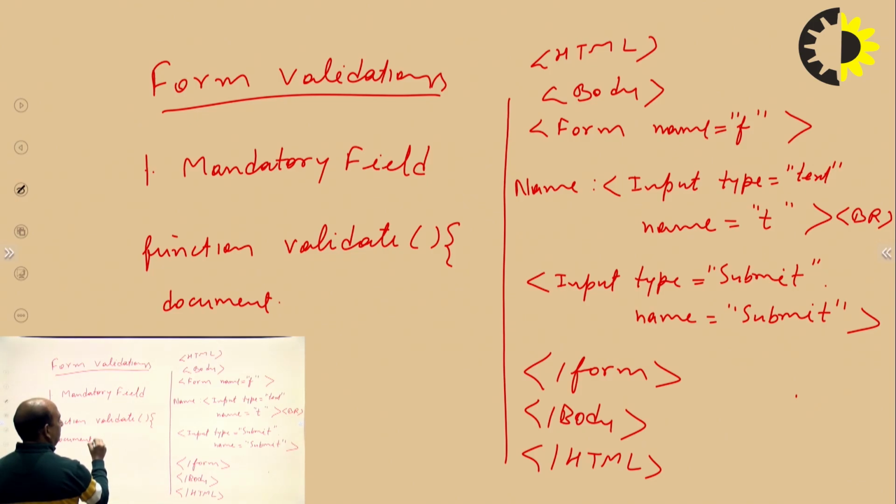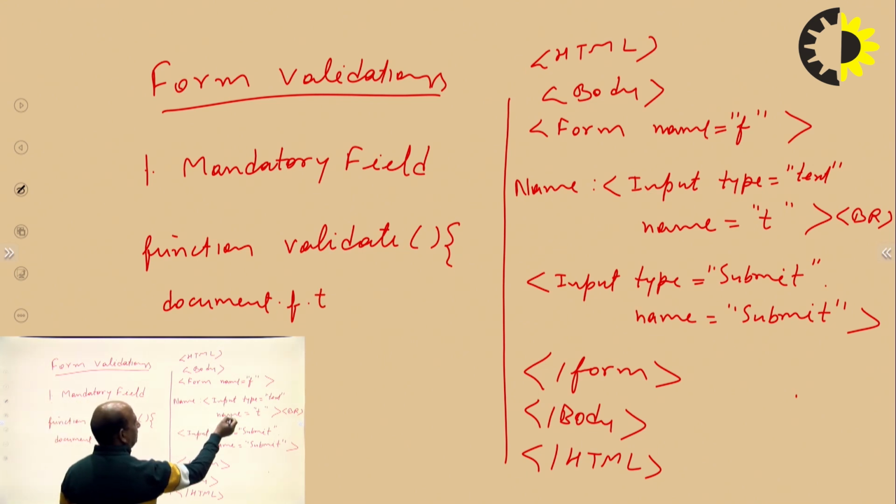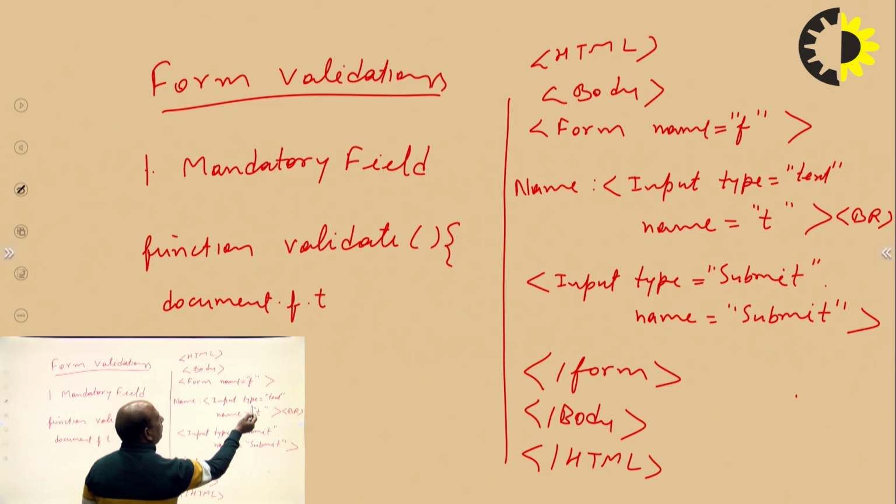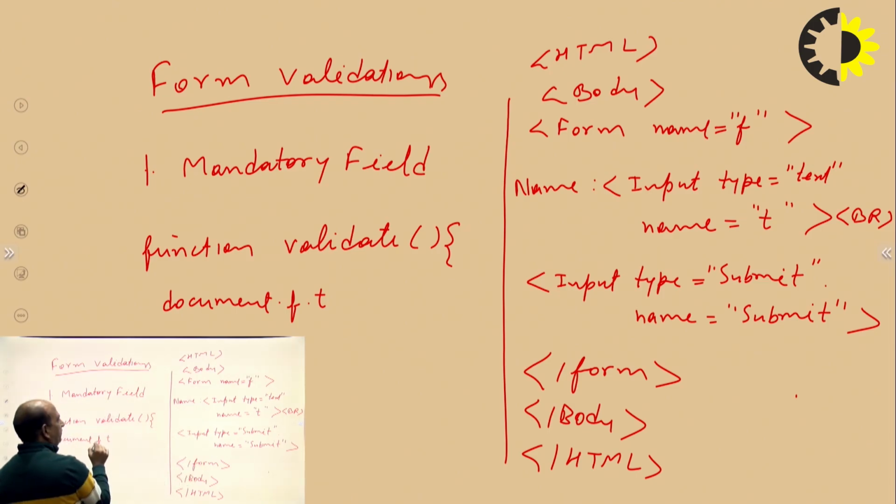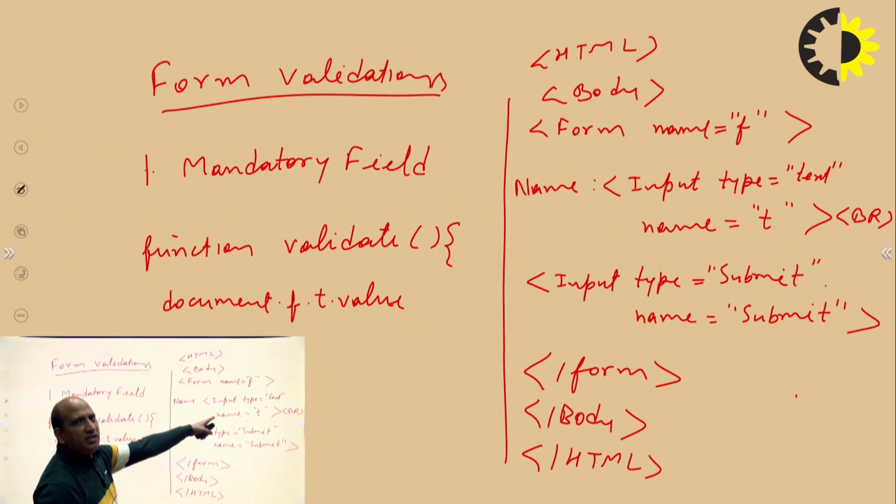Now document dot form name, that is F, dot field name, that is T. I want to access the text field value of this form F. The name of this text field is T. So document dot F dot T dot value. In this way you can access the value entered by the user in this text field T.